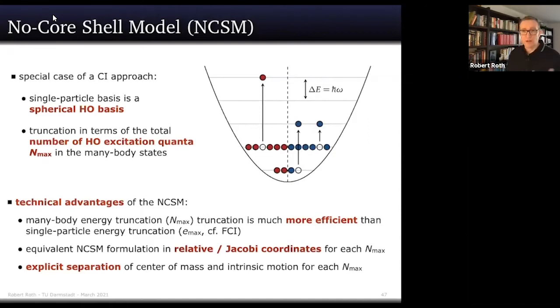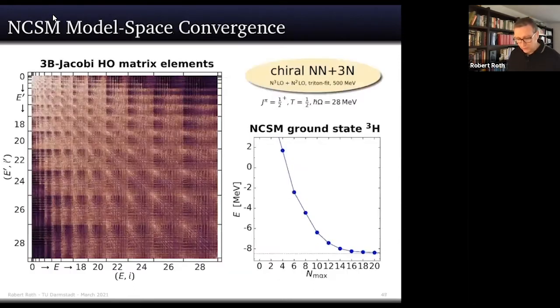This gives you a finite matrix, and actually this is in the specific form of the relative coordinate or Jacobi coordinate version of the no-core shell model, exactly what we discussed earlier in connection to the similarity renormalization group. There I showed you such a huge matrix representation.